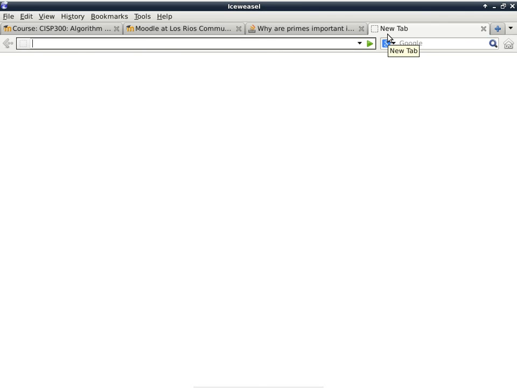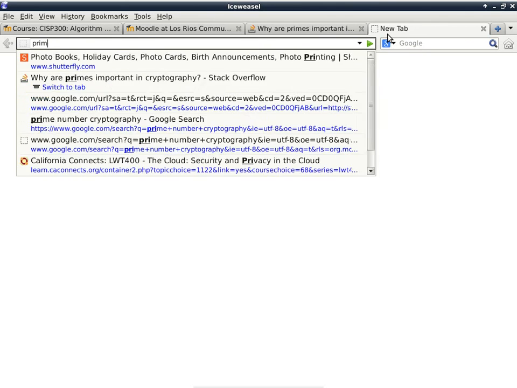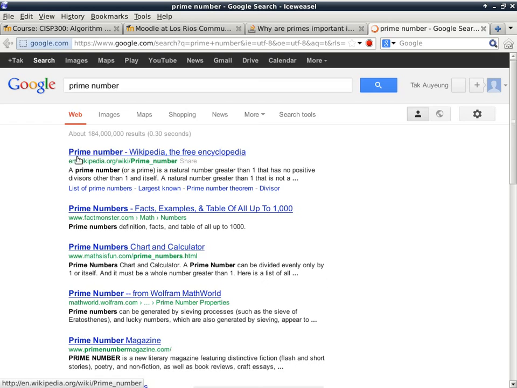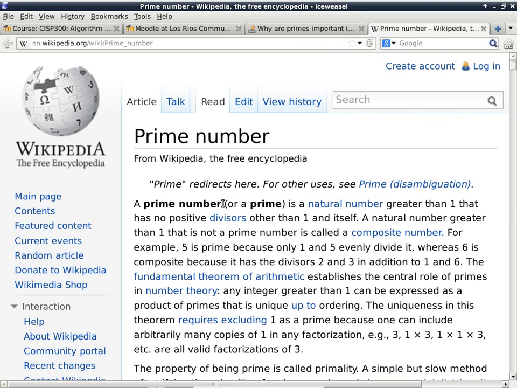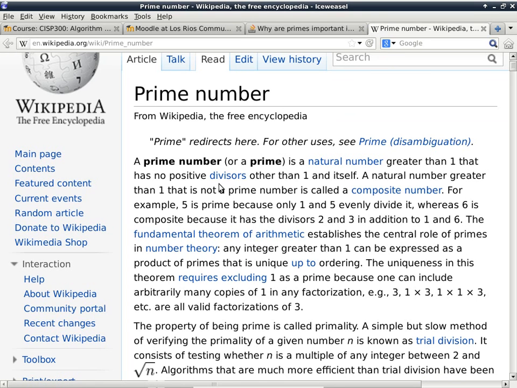It is just by definition, because a prime number is only divisible by itself and 1. Well, this is what Wikipedia has to say about it. If you don't agree, you can always change it, right? A prime number is a natural number greater than 1, right there. That means 1 cannot be a prime number.